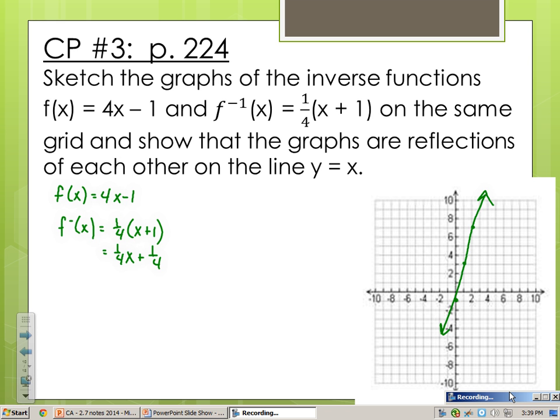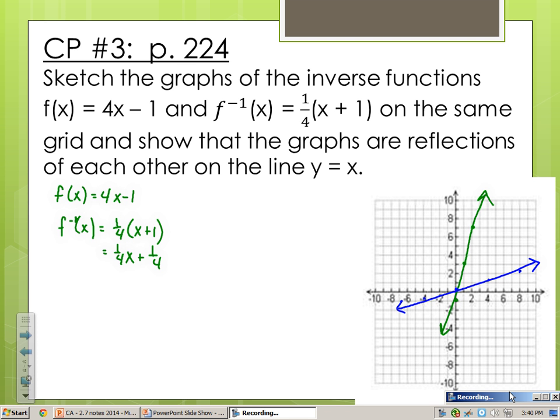So if we're going to graph that one, the intercept is 1/4 and the slope is up 1/4. That little -1 back there.